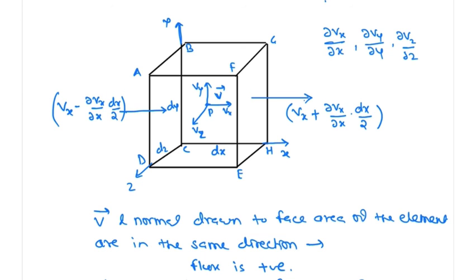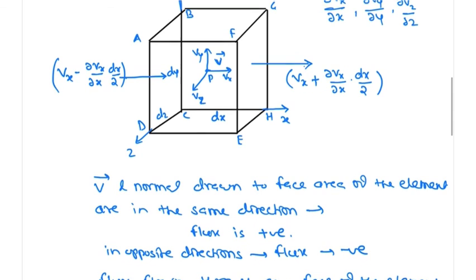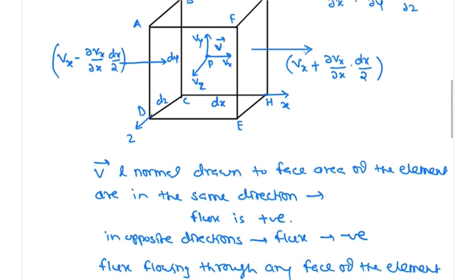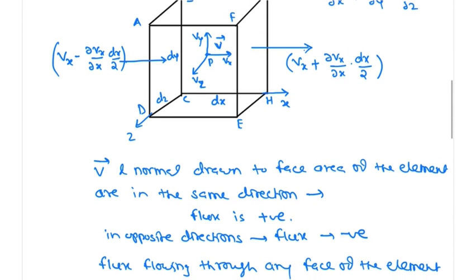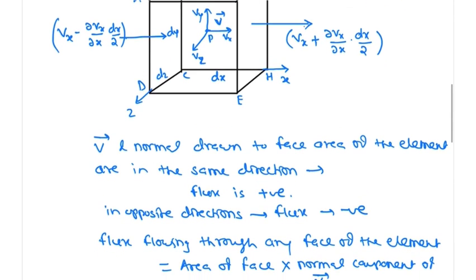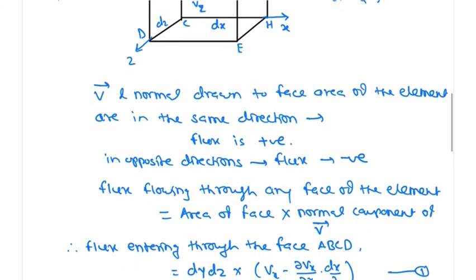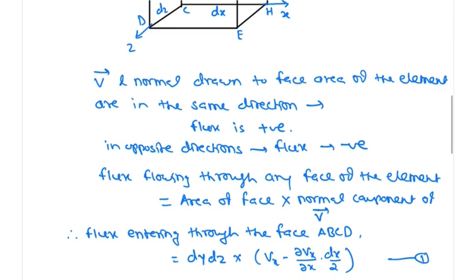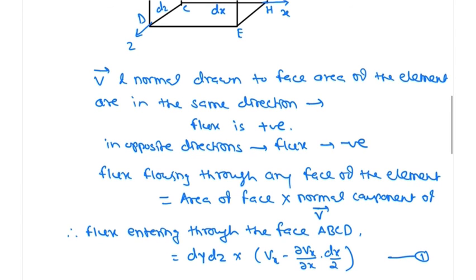And if vector V and the normal drawn to the face area of the element are in the same direction, then flux is taken to be positive, otherwise it is negative. Hence, using the flux flowing through any face of the element, we calculate along the x, y, z axes.